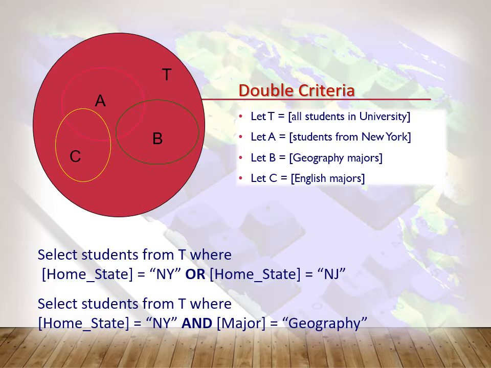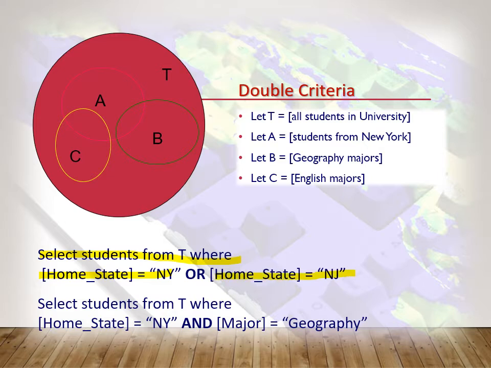So going back to this, let's do a double criteria. So instead of just selecting geography students or selecting students from New York, we can say select students from T, that's our original database, that are from New York or they're from New Jersey. We could do that.